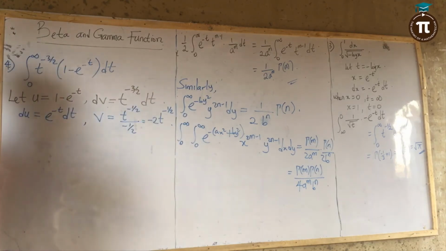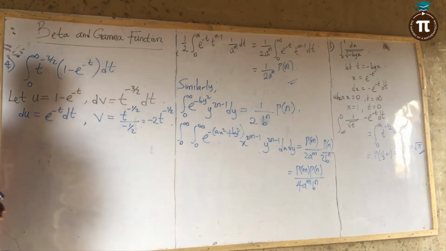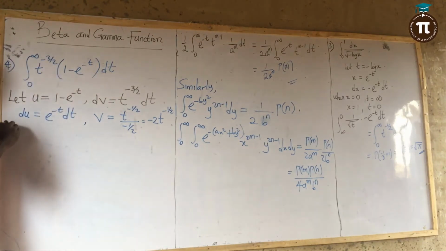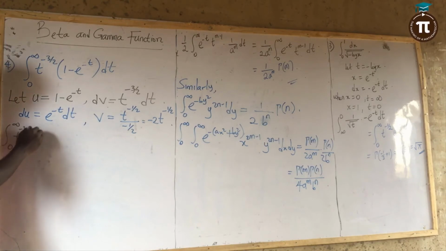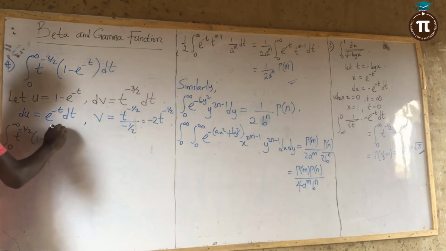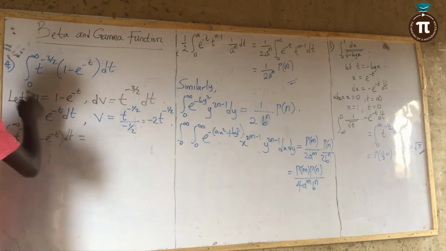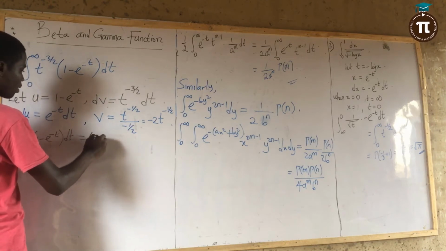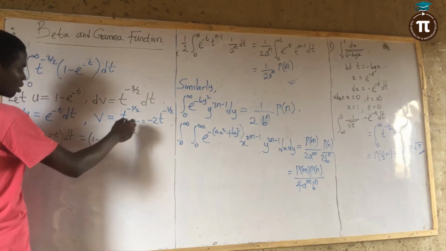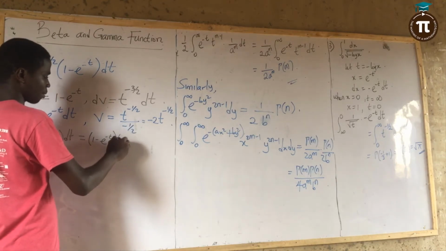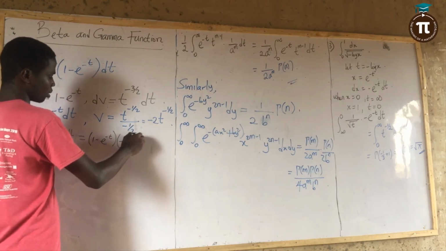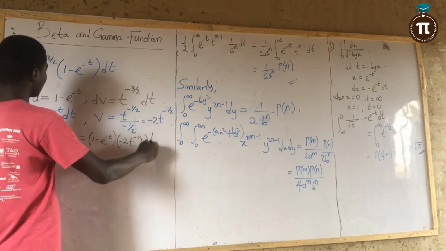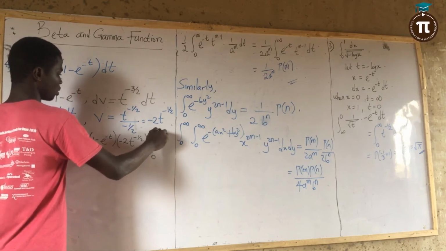So what will happen next is I will now apply: the integral from 0 to infinity of t raised to the power of minus 3 over 2 of 1 minus e raised to the power minus t dt is equal to uv. This is u, 1 minus e raised to the power minus t, multiplied by minus 2 t raised to the power of minus 1 over 2. Put the bound from 0 to infinity.